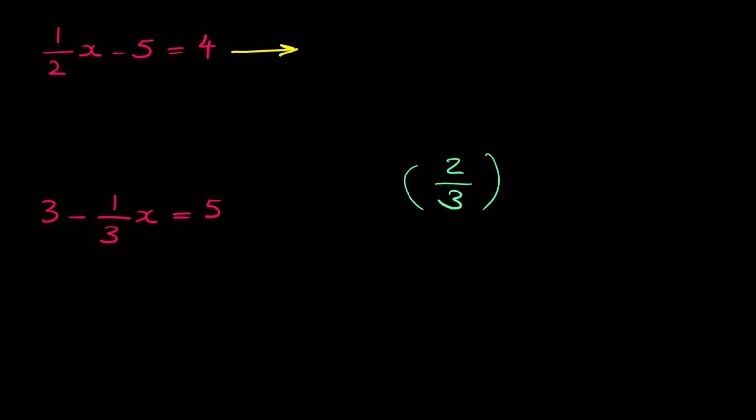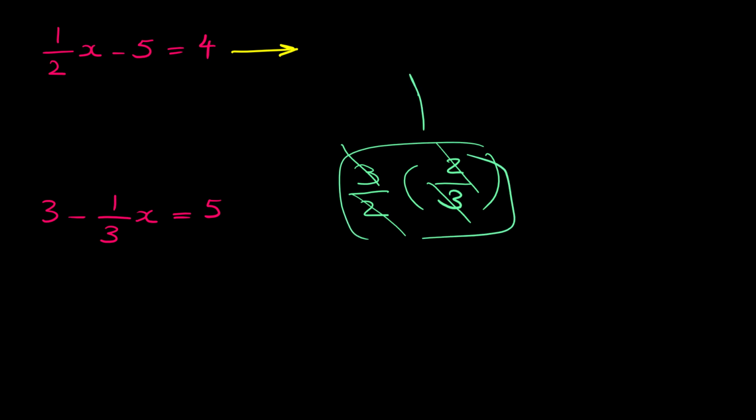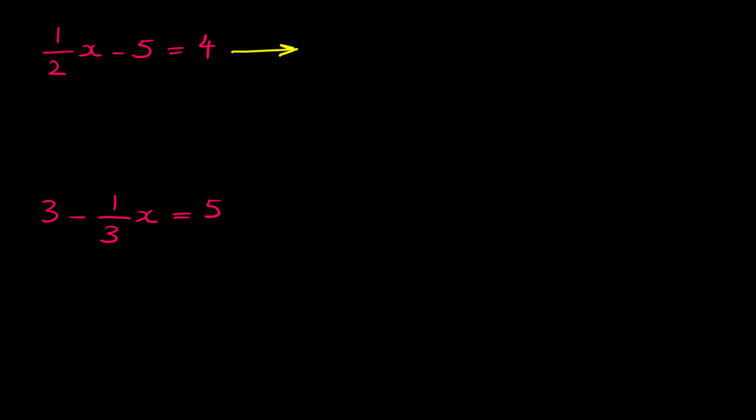Of course, by multiplying by 3 over 2, the reciprocal. Because 3 with 3 cancels, 2 with 2 cancels, and then we have 1. So, to get rid of fractions, we can simply multiply that fraction by an appropriate number, and we can get rid of the fraction.